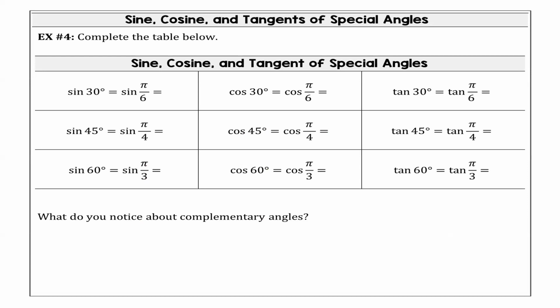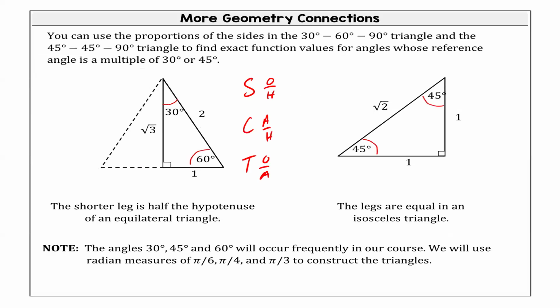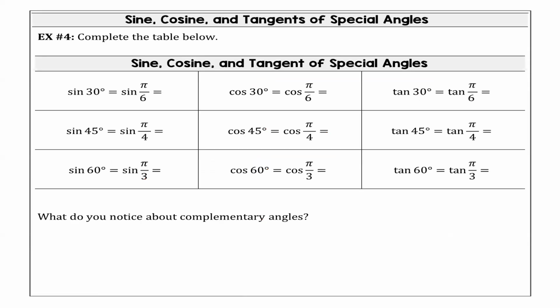Find the cosine of 30, cosine of 45, cosine of 60. Okay. So you're using the triangles to fill in the table. Remembering the fact that sine is opposite over hypotenuse, cosine is adjacent over hypotenuse, and tangent is opposite over adjacent. This is a tool to try to help you remember how to fill in the unit circle coordinates. Okay? All right, go.